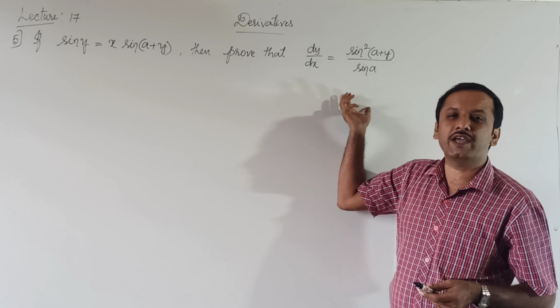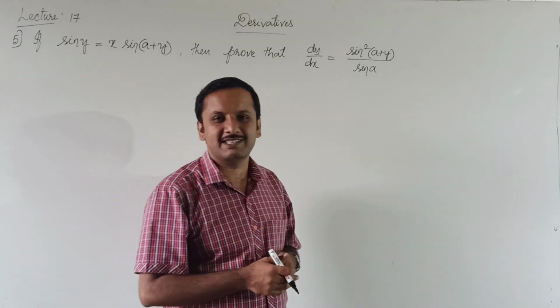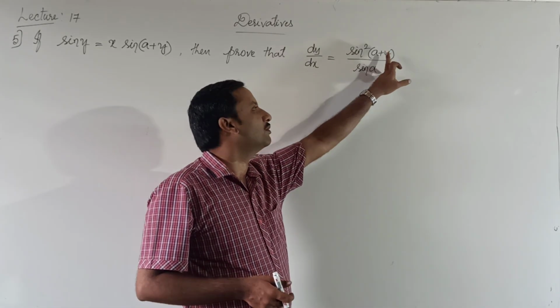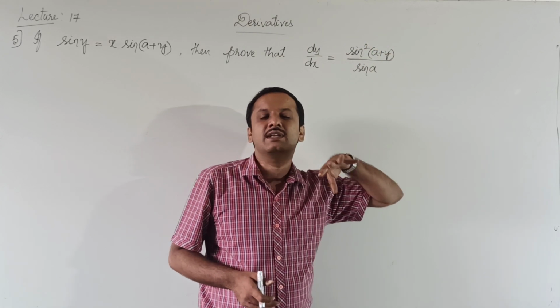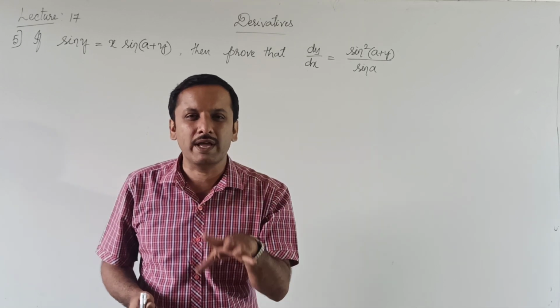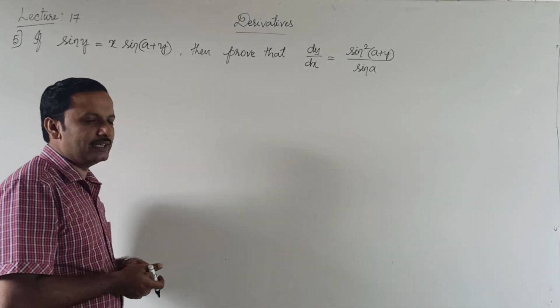This is in terms of y only. Now you might say, sir, there is a also. Yes, you are right. But that a is a constant. Okay, don't worry about that. So y is the only variable here. We don't have x here. Dy by dx, we want the answer in terms of y only. We want dy by dx as a function of y only. Okay. That means x must also be a function of y.